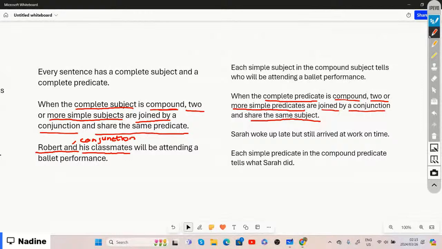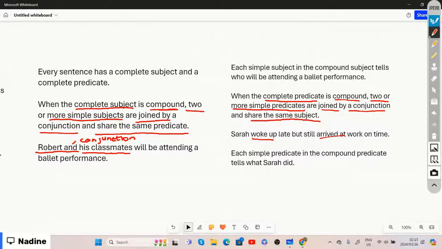For example, Sarah woke up late, but still arrived at work on time. So Sarah woke up late, right? But she still arrived at work on time. So that is basically our two predicates, and they share the same subject, right?